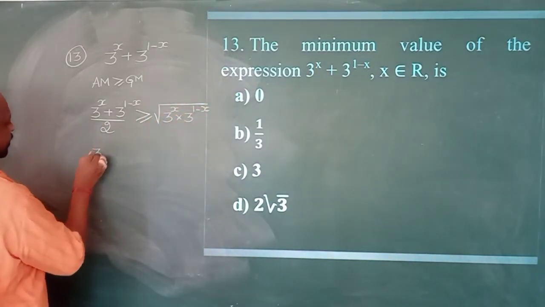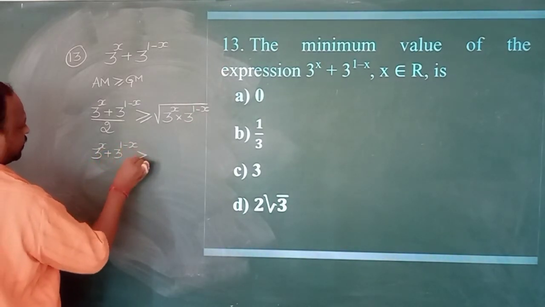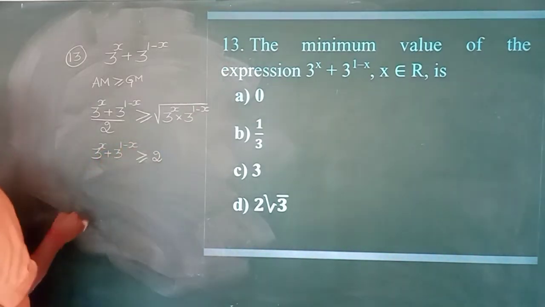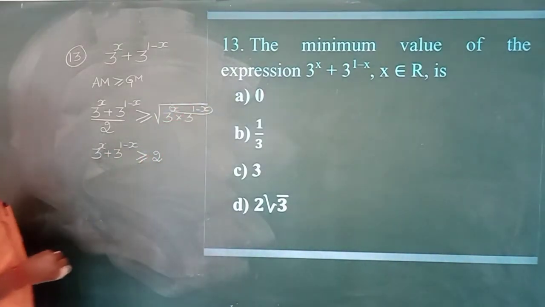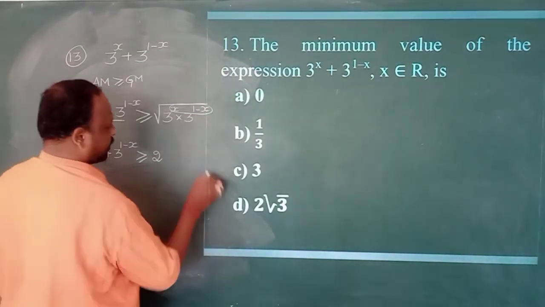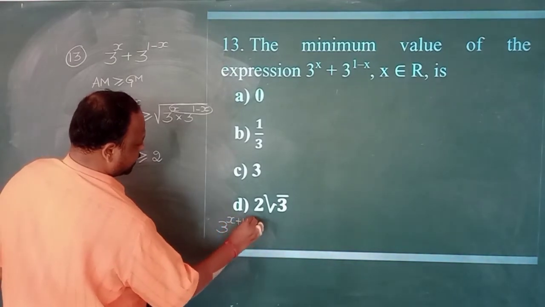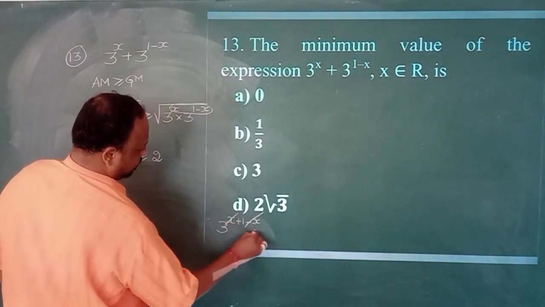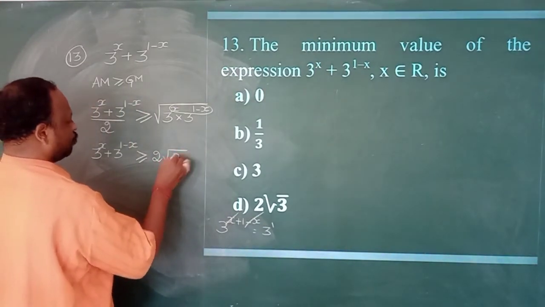So this will be 3 power x plus 3 power 1 minus x greater than or equal to 2 times the square root of it. So here x and 1 minus x: if you add, I will write here 3 to the power of x plus 1 minus x, the x cancels and you will get 3. So therefore you will get 2 root 3.